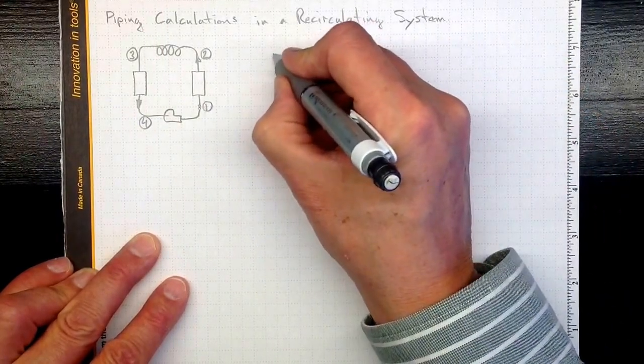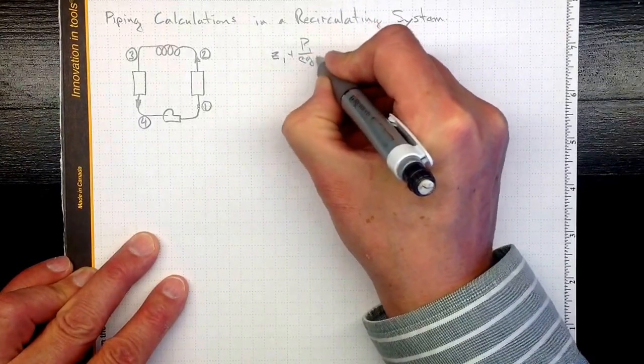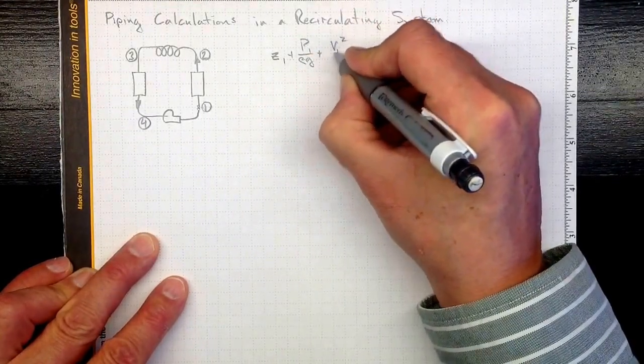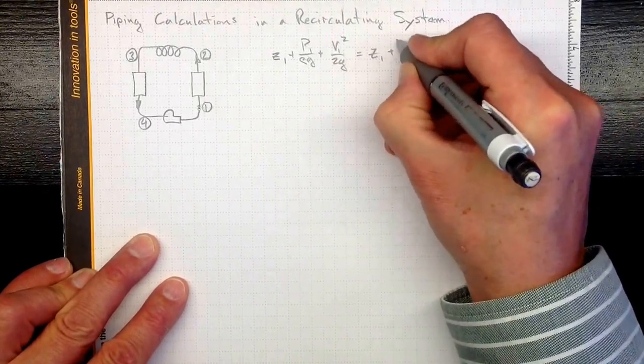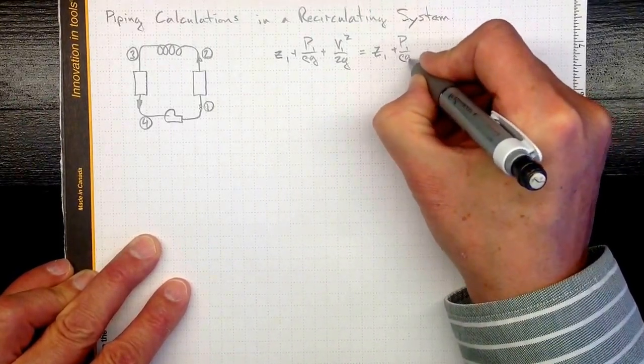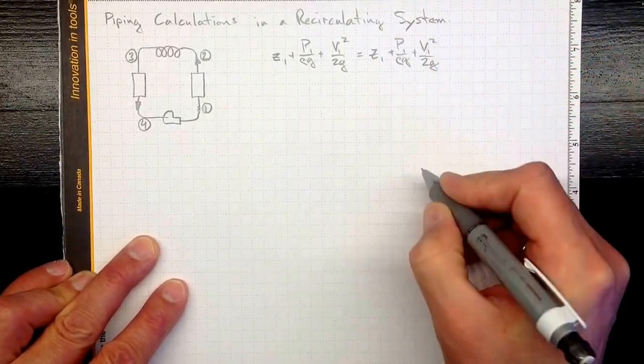So we'll wind up with Z1 plus P1 over rho g plus V1 squared over 2g equal to Z1 plus P1 over rho g plus V1 squared over 2g.